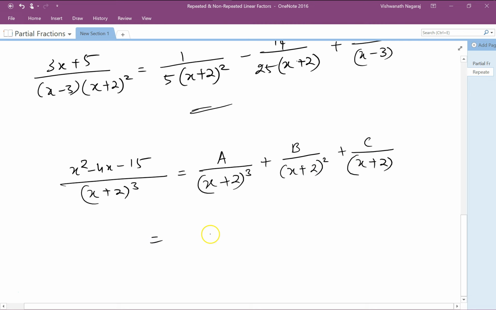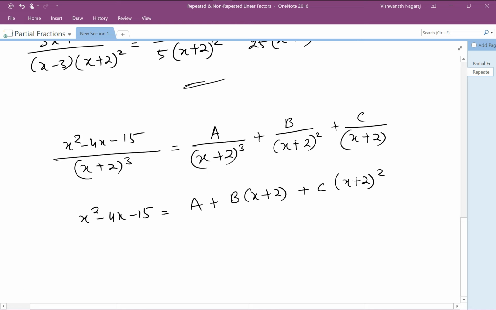This would be equal to, let's say x square minus 4x minus 15 is equal to a, there is no times in this, just a, plus b times x plus 2, because there is only square, one x plus 2 factor is required. c, 2 x plus 2's are missing, so x plus 2 square.